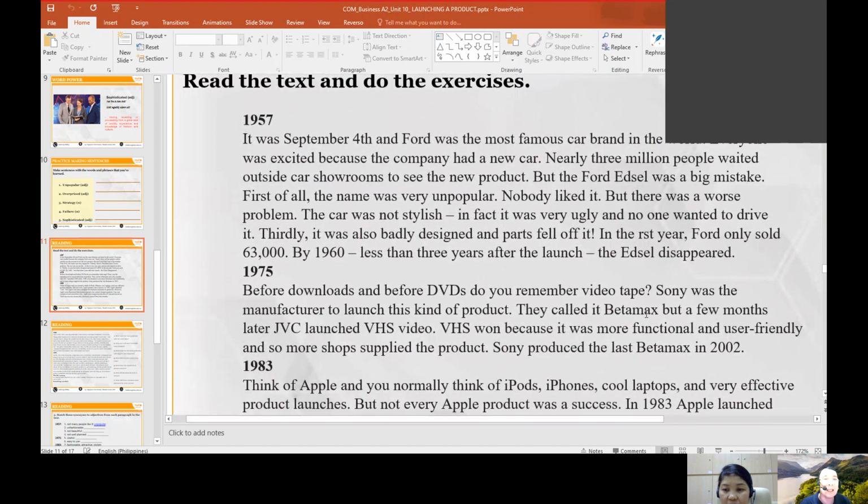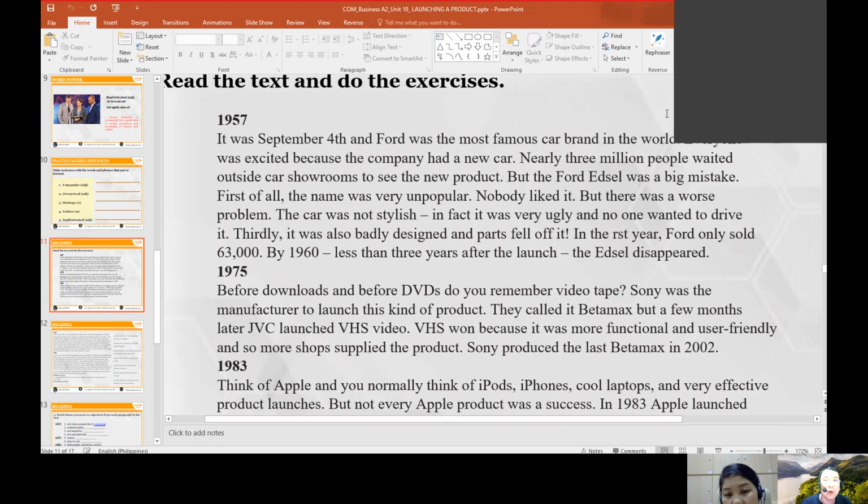Now, this is actually a success story that we need to consider, and let's try to answer the questions following after this. This is how we are going to launch a product actually.